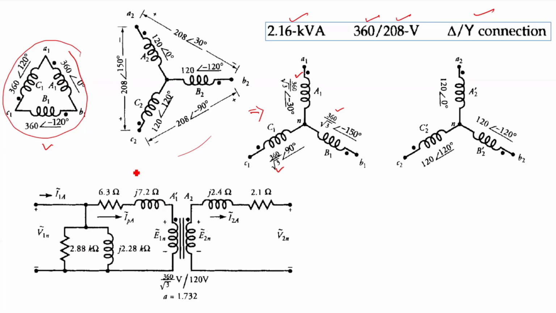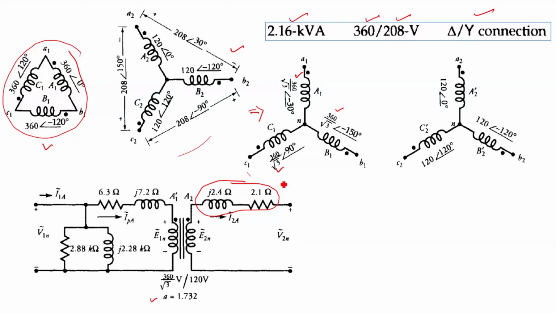So it will be 1 by 3 times the original parameter in the single phase transformer, right? So it will become 6.3 ohm, j 7.2 ohm, 2.88 kilo ohm and 2.28 kilo ohm. Whereas your secondary side parameters will remain the same because the secondary side is connected in the star fashion, right? It will remain the same as the single phase transformer, right? And the voltage ratio obviously you know it will change. So for this equivalent circuit, okay.